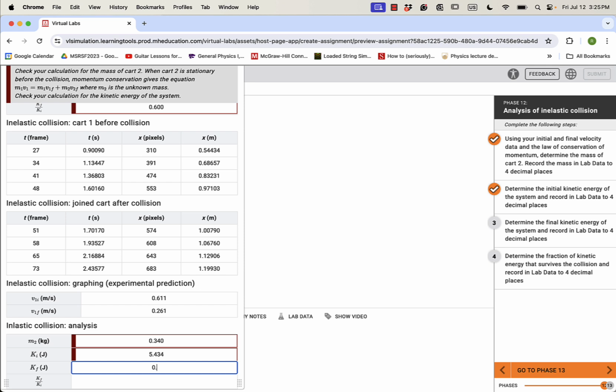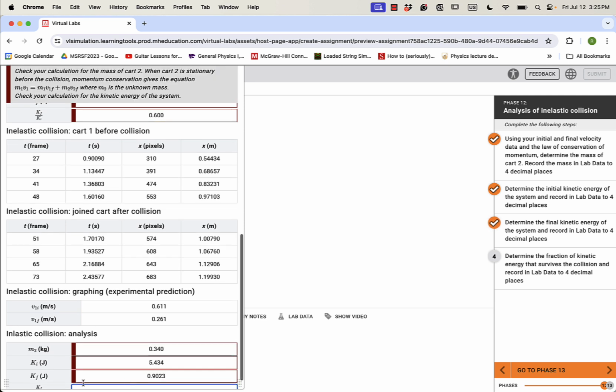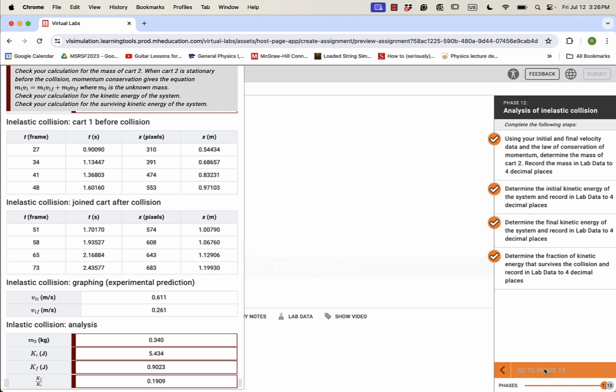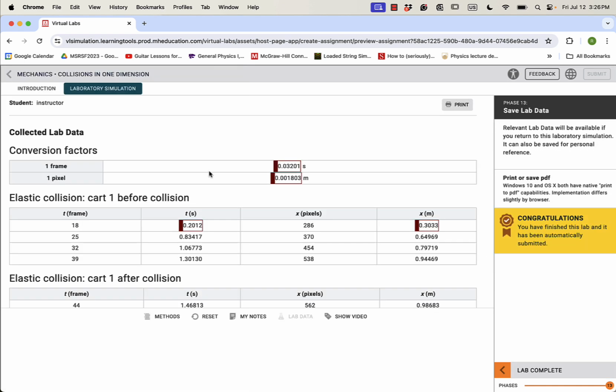I'll just put some number here, and then you also need to find the ratio of Kf over Ki. So I'm not doing the calculation here, so you will need to do that. Okay, so that's some number, and after finishing that, you can go to phase 13, and that would be everything for this lab. Okay, so that completes your lab.